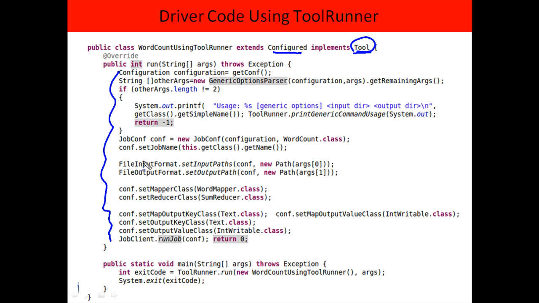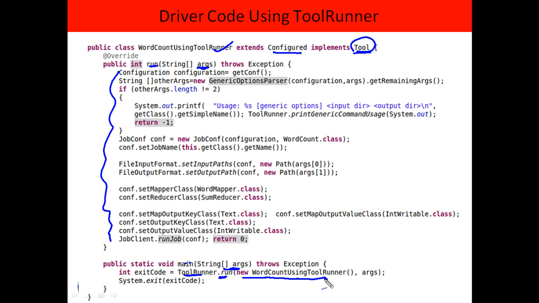If your class is implementing the Tool interface, you should write the job submitting code inside the run method. The run method takes a string array as arguments. In the same class, I have a main method which takes a string array as arguments. In my main method, I am calling ToolRunner.run.